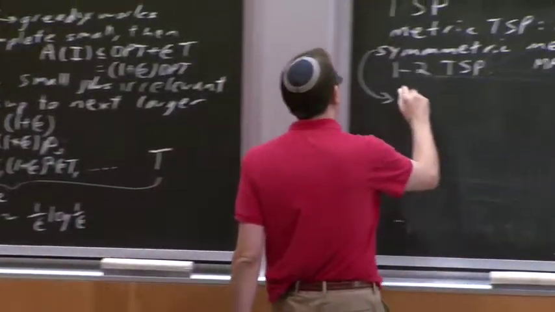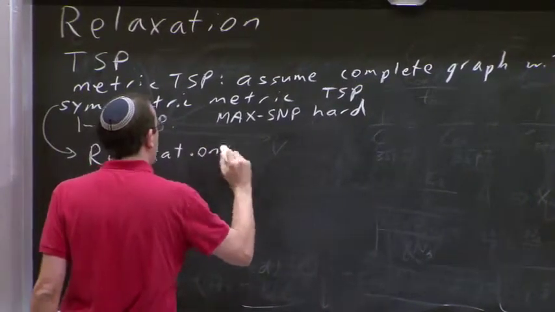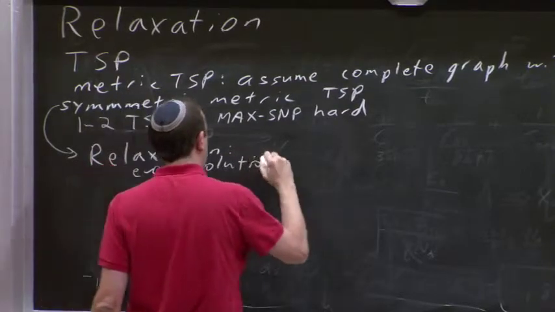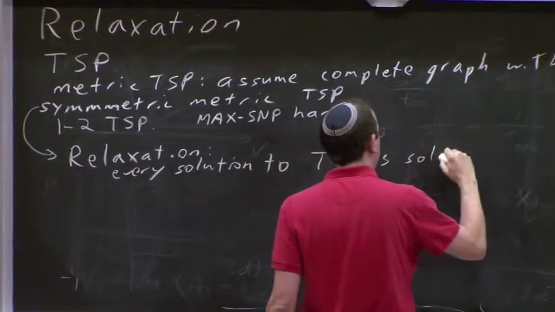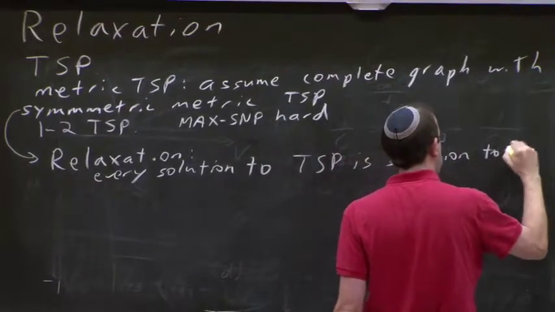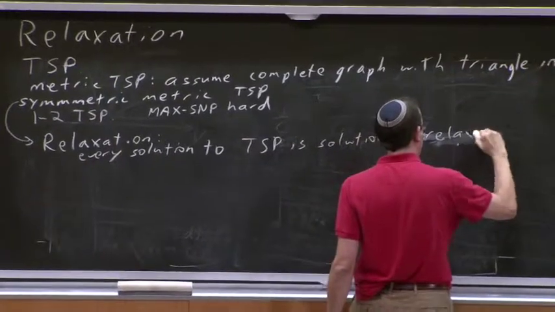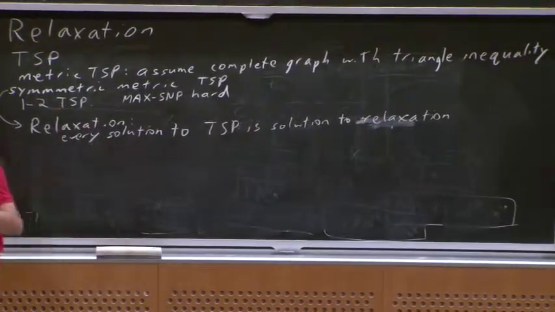Okay? So we're going to create this relaxation where every solution to the original TSP is a solution to the relaxation. That's kind of the definition of the relaxation. We're removing constraints.